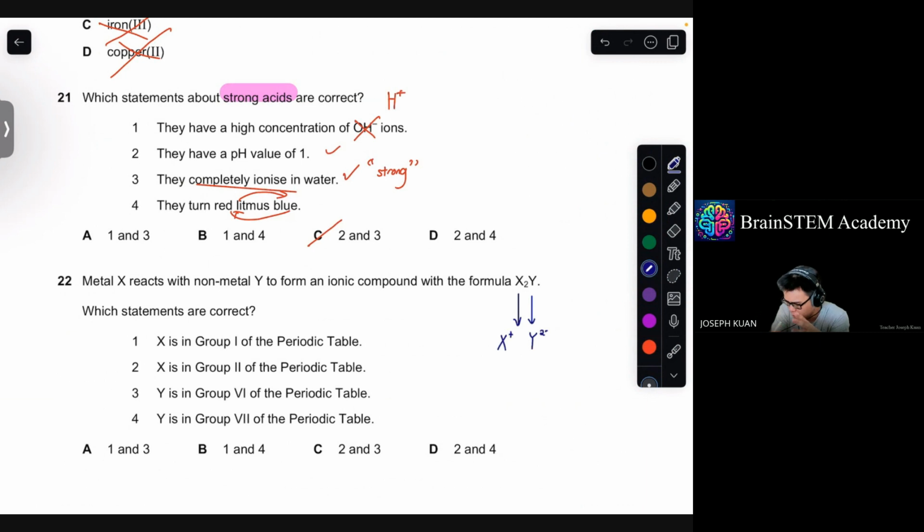So X belongs to group 1 of the periodic table, and Y belongs to group 6, due to the charges. So the answer here is 1 and 3. The answer for 22 is A.